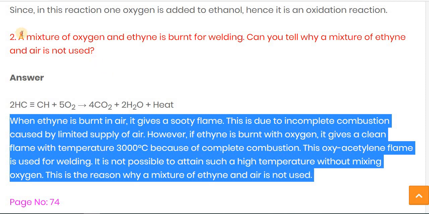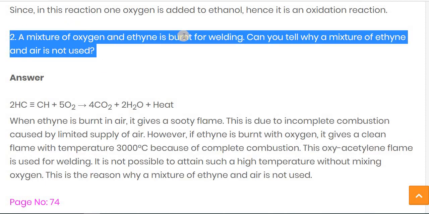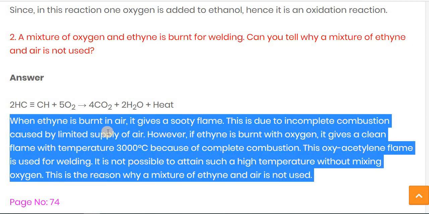Here the question is, a mixture of oxygen and ethyne is burned for welding. Can you tell why a mixture of ethyne and air is not used? Because when ethyne is burnt in air, it gives a sooty flame, due to incomplete combustion caused by the limited supply of air.